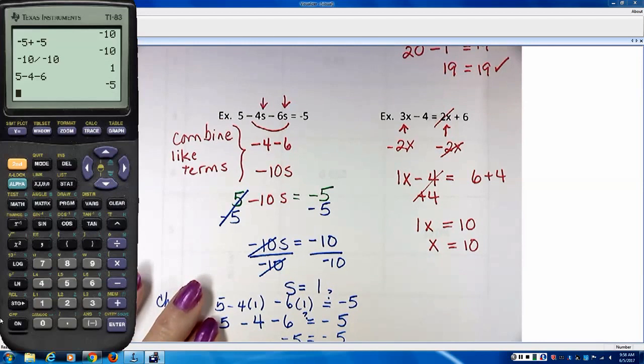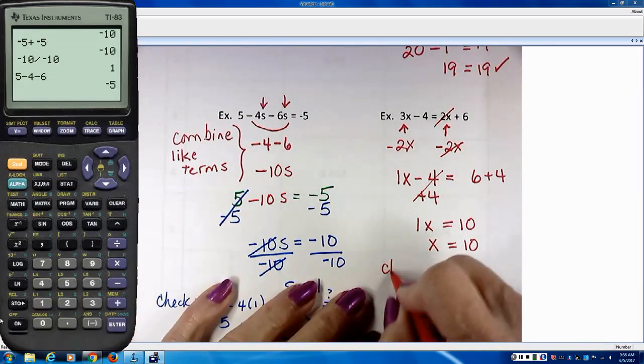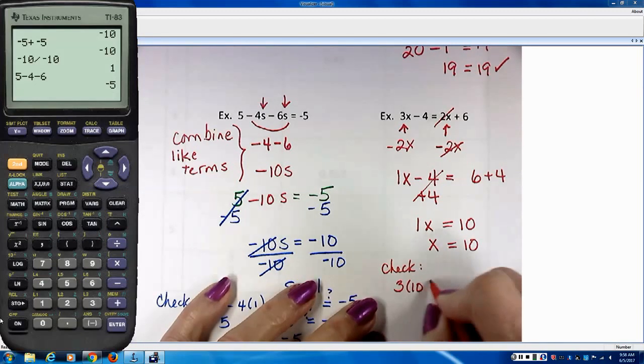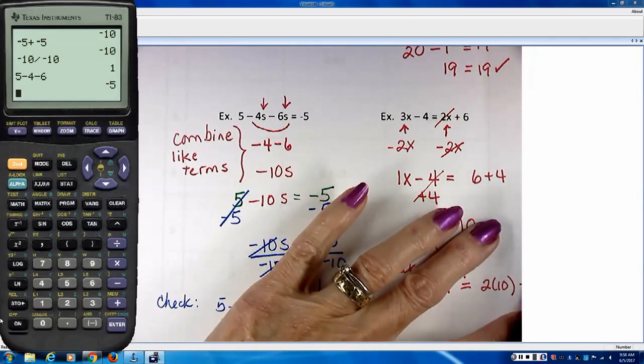Okay? And again, you still want to check if x is 10, 3 times 10 minus 4, is that equal to 2 times 10 plus 6?